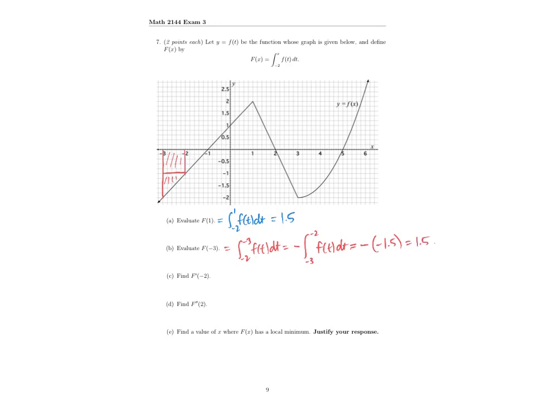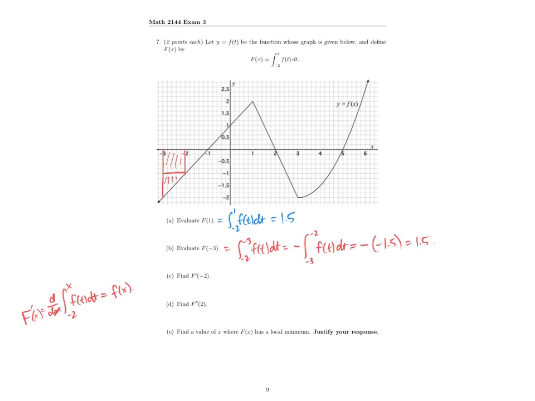All right, what about F prime of -2? I know by the fundamental theorem of calculus part 2 that the derivative with respect to x of the integral from -2 to x of f of t dt, so this is capital F prime of x, is equal to f of x.